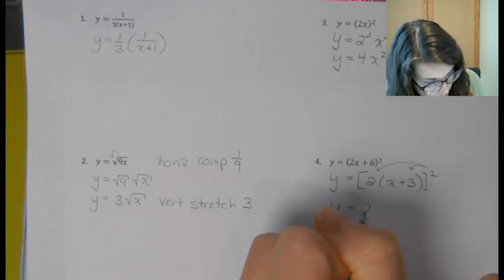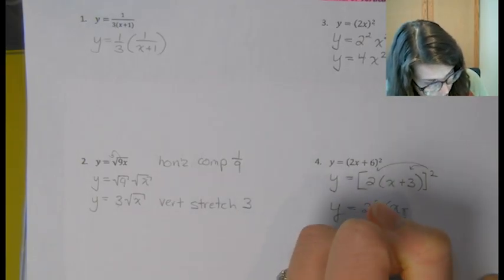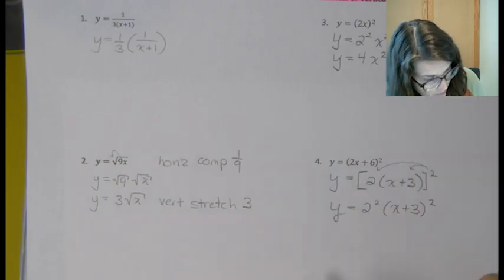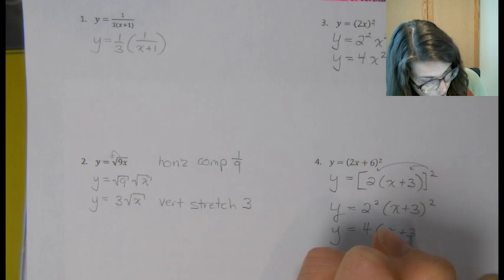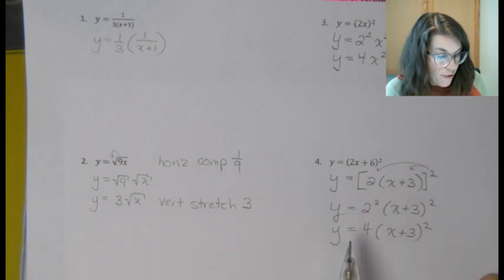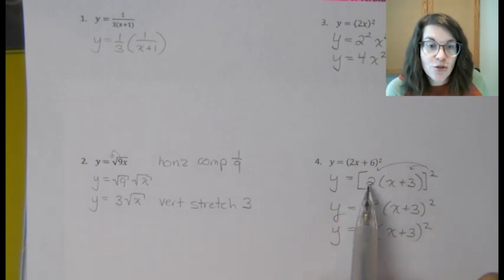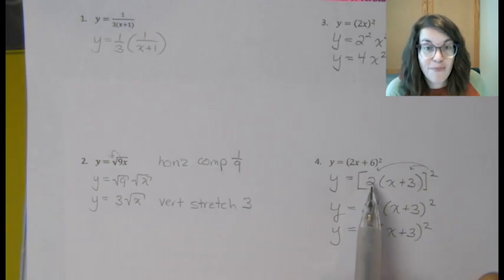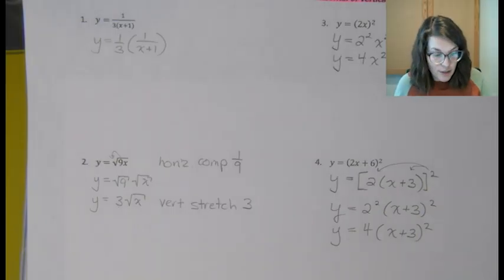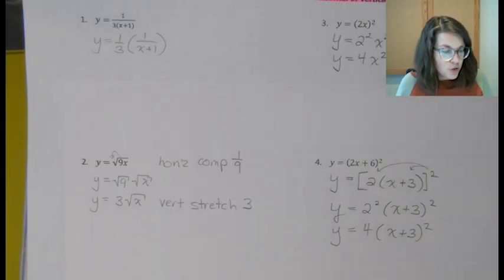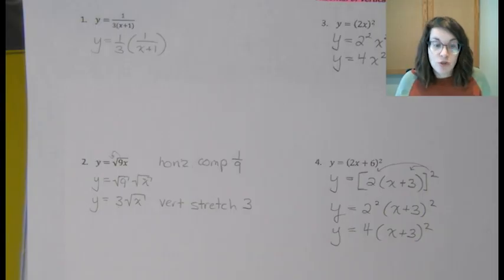So y is equal to 2 squared and x plus 3 squared. And now it's very clear to see how we can get our vertical stretch by a factor of 4 compared to our horizontal compression by 1/2. And if you go through and you graph all of these, you'll see that they turn out to be the same picture.